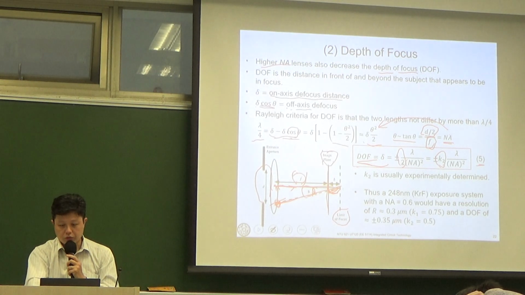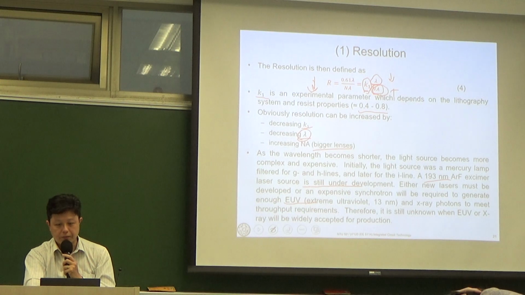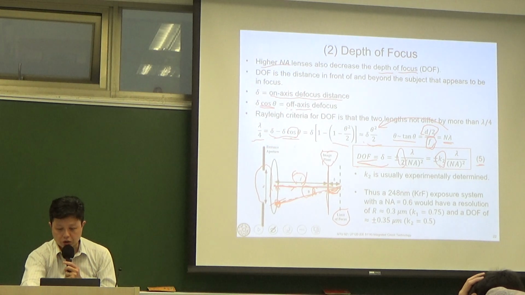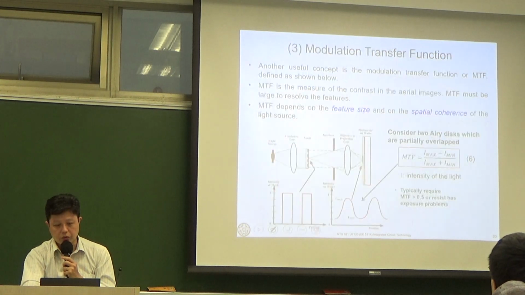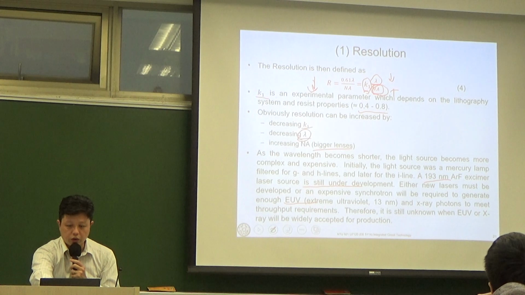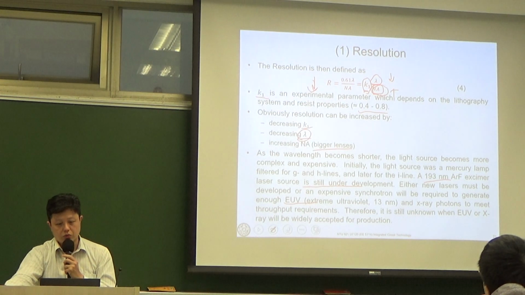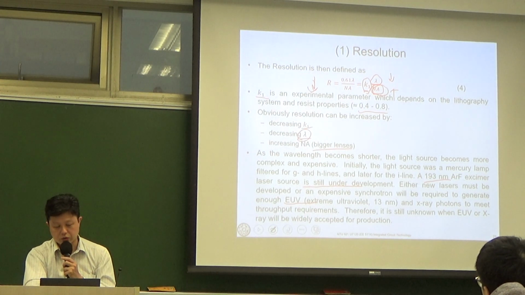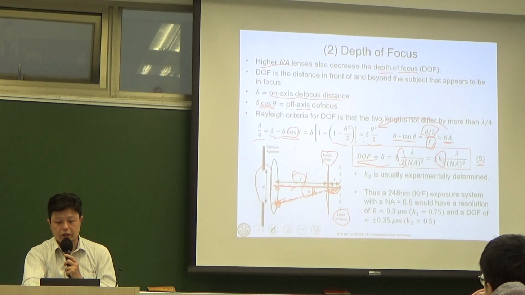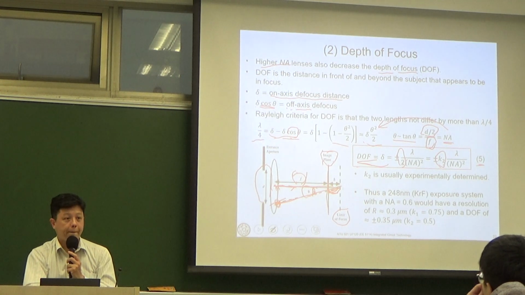But if you compare 4 and 5, they contradict each other. For example, if you want NA large so you can get a higher resolution, then your DOF will become very small.